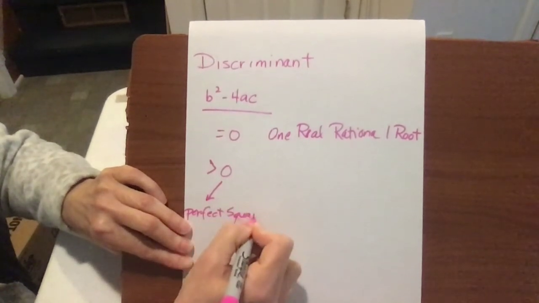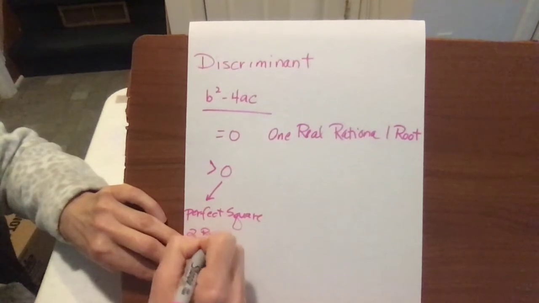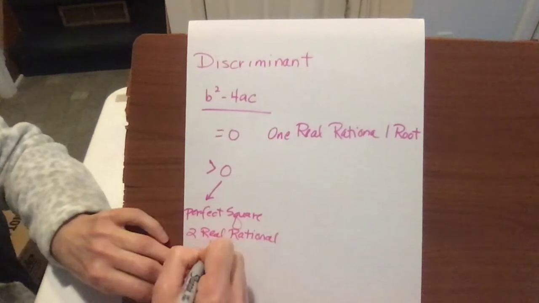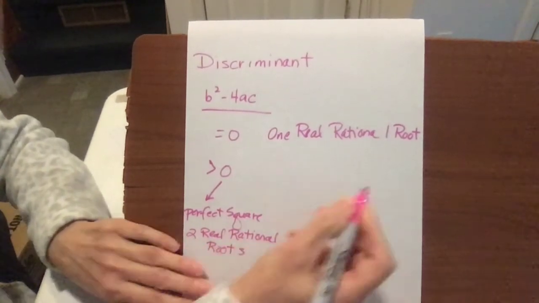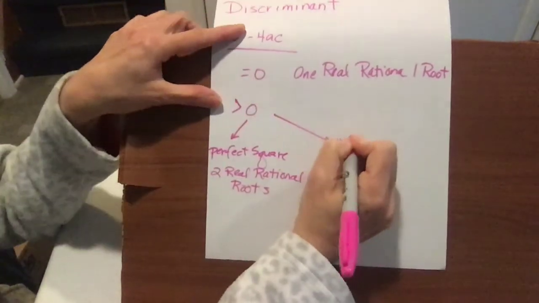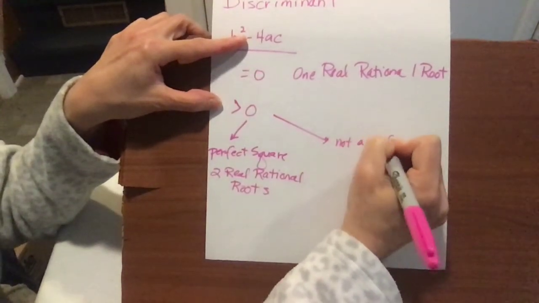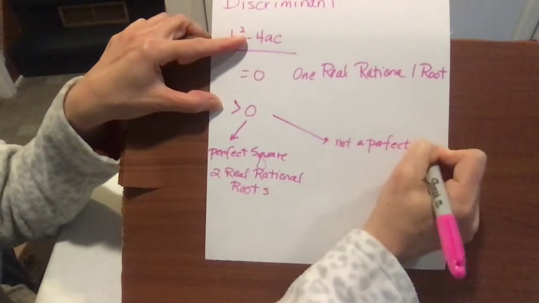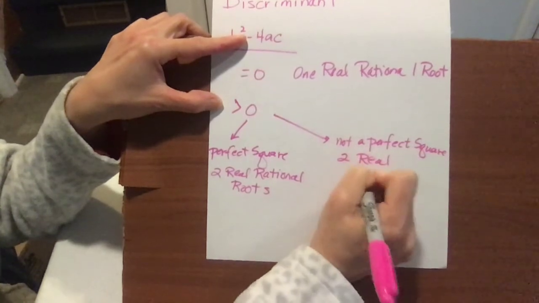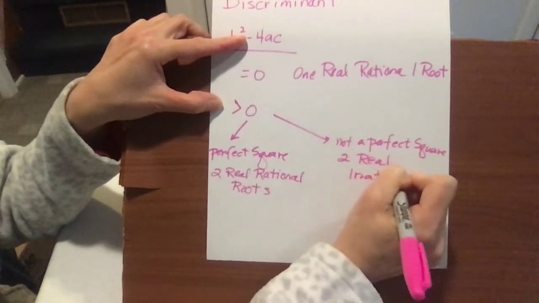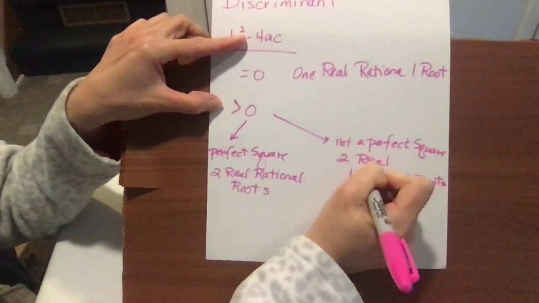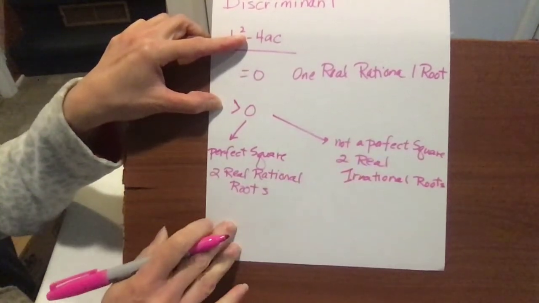And if it's a perfect square, you have two real rational roots. If it's greater than 0, but it's not a perfect square, we have two real irrational roots. Again, we won't know what those values for the roots or solutions are. This just tells you what kind you have, type.